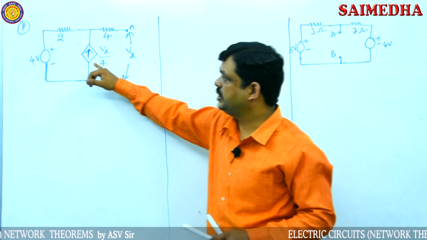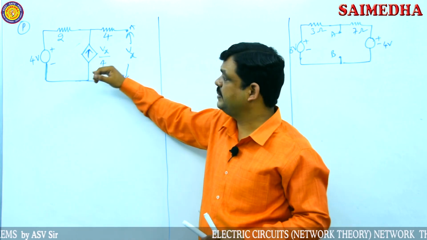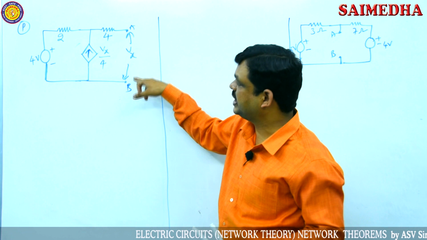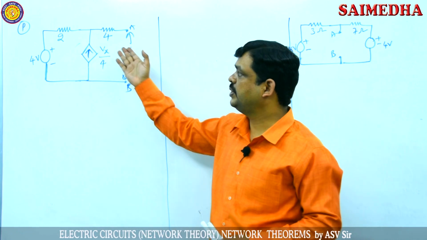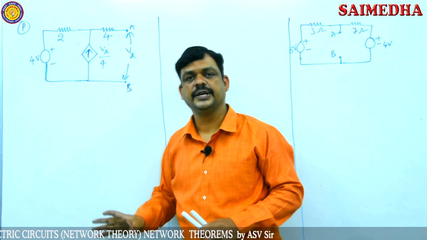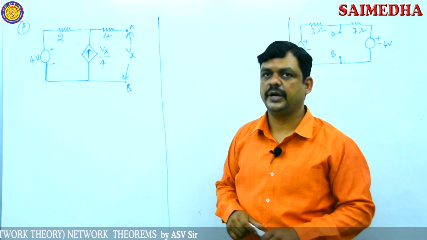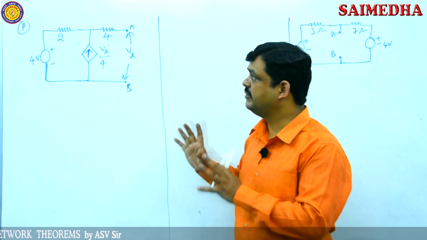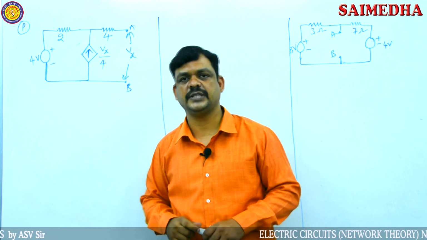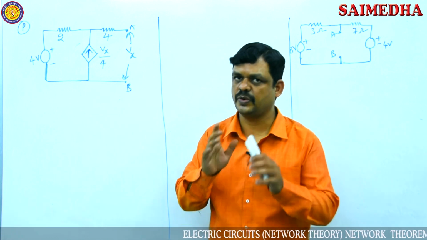Vx is nothing but the voltage across the A and B terminals, and two resistors, 2 ohms and 4 ohms, are there. Convert the complete circuit into Thevenin's equivalent circuit or Norton's equivalent circuit. That is our question now.